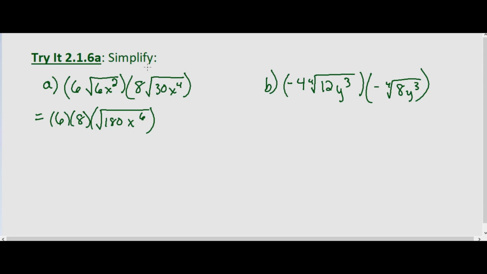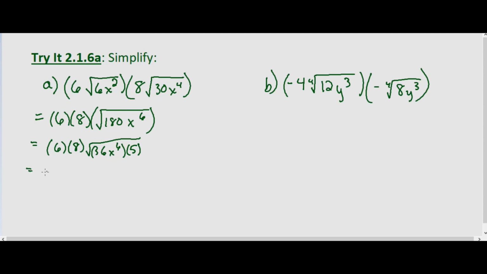equals 180. 36 is a perfect square, so this equals 6 times 8 times the square root of 36 x to the sixth. Since 6 is even, we'll take the square root of that, and we're left with 5.